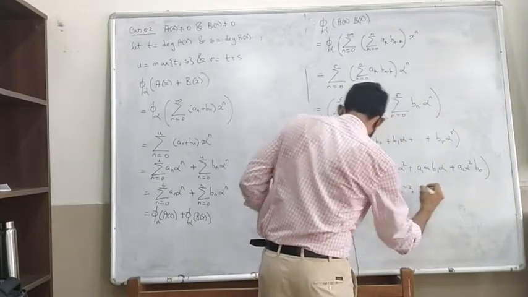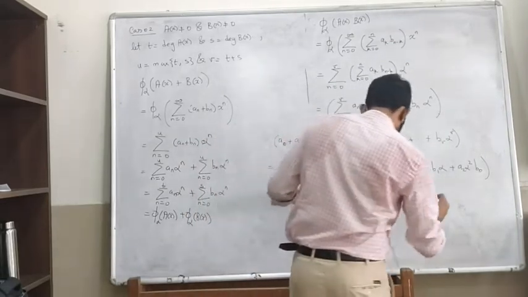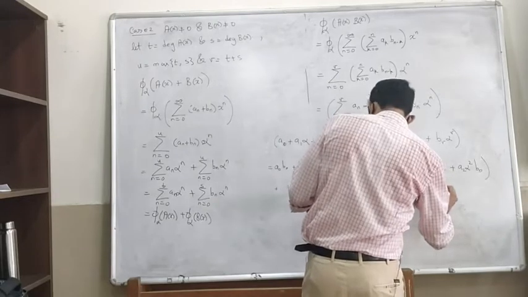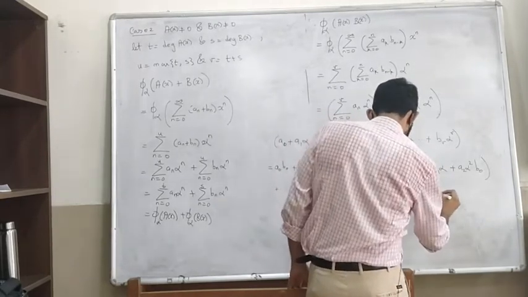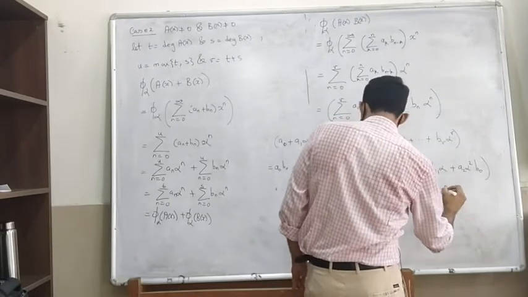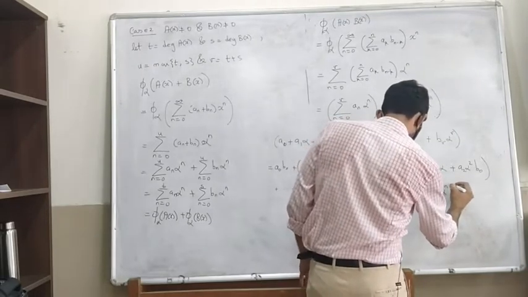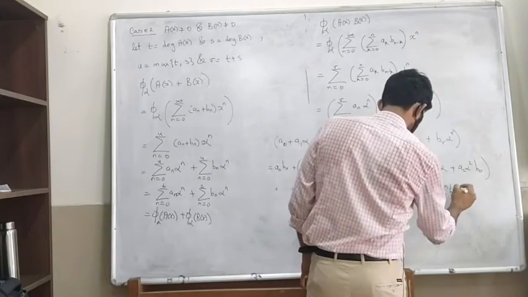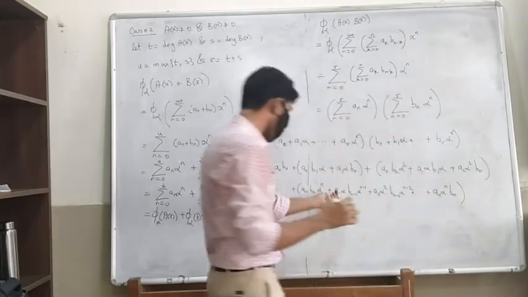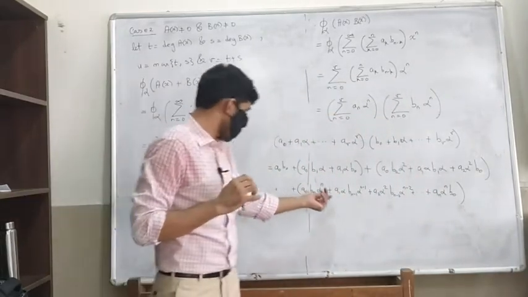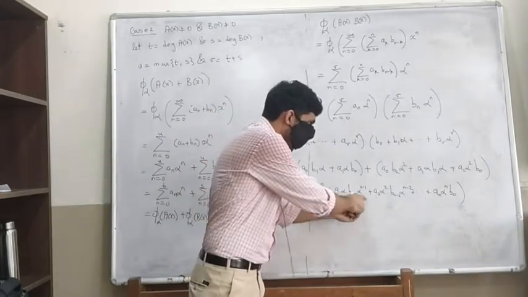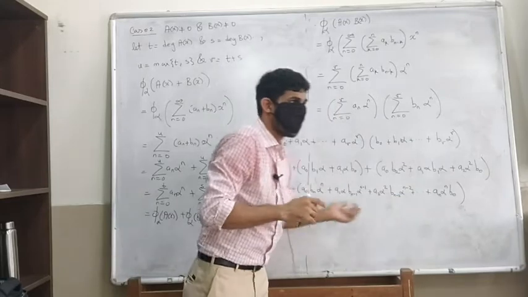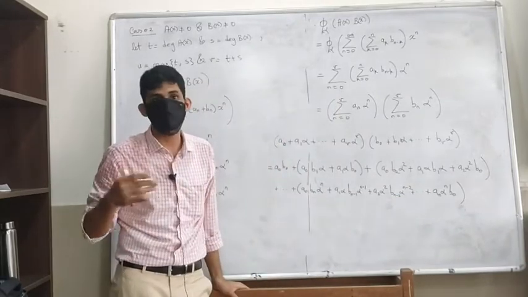I hope everyone can see this. So this will then end with an alpha raised to n b0. This will be your nth term, the term which has n alphas in them.